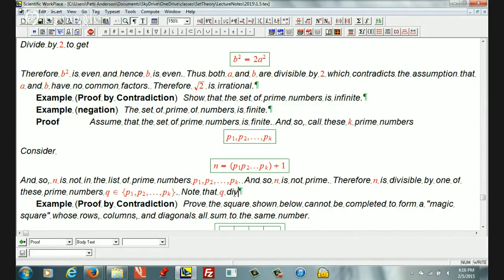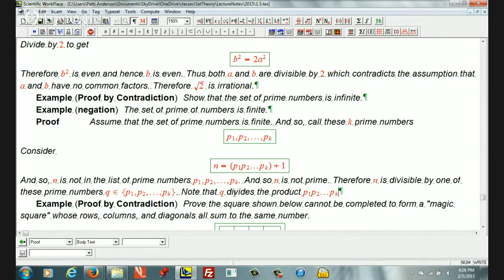I also note that Q divides the product P1, P2, ..., PK. Q has to divide that product, right?